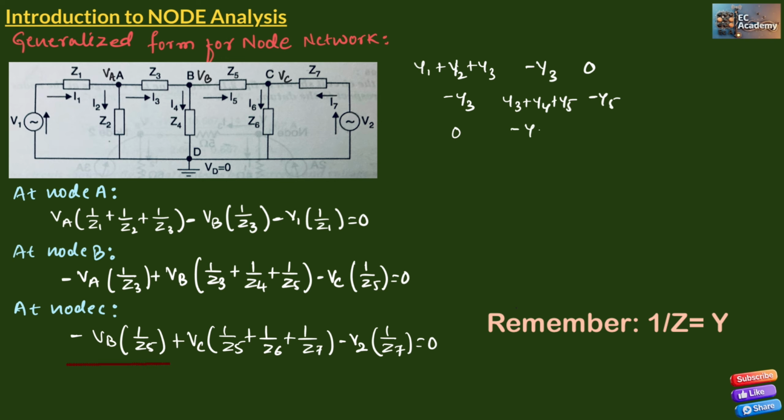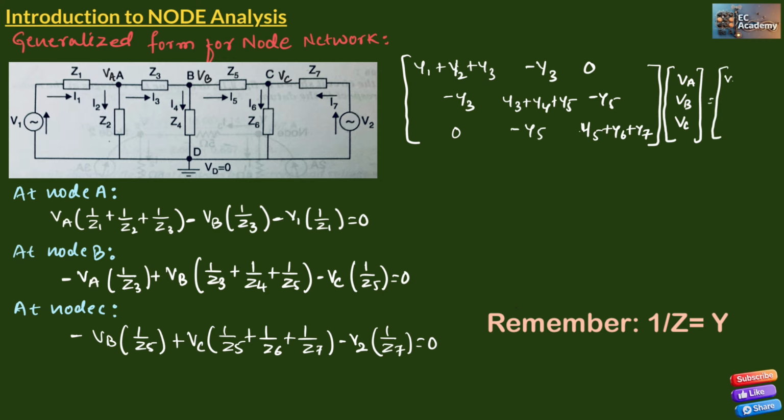VB is minus Y5 and VC is Y5 plus Y6 plus Y7. So this matrix will be multiplied with VA, VB and VC, and that will be equal to V1 into Y1, 0, and V2 into Y7. So this is how you need to solve node equations for any network.